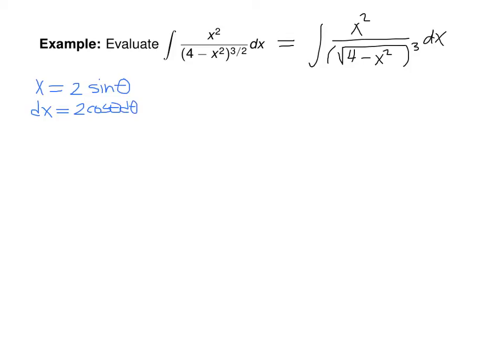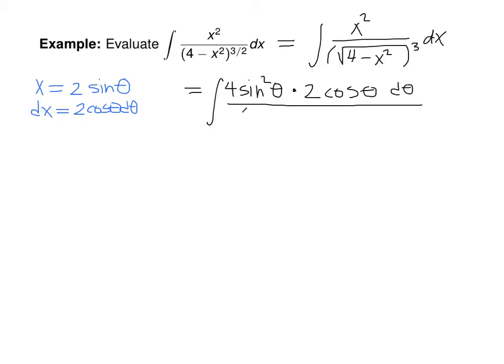So let's input everything. First of all, we have x squared, that will be 4 sine squared theta, times dx, which is 2 cosine of theta d theta, divided by the root of 4 minus 4 sine squared theta, all cubed.